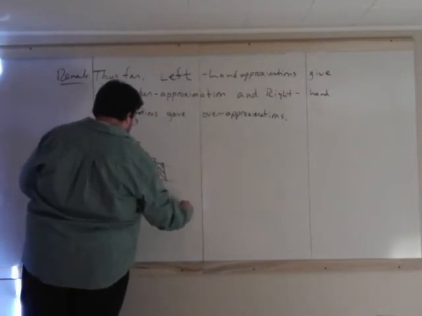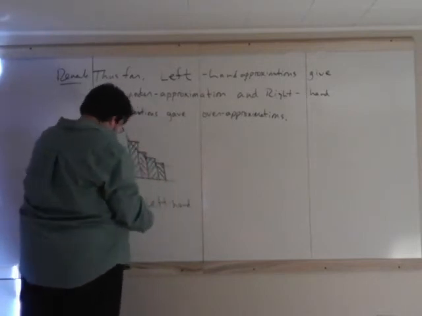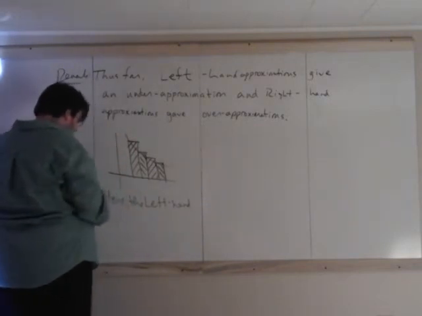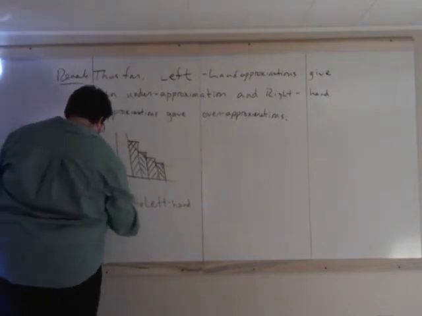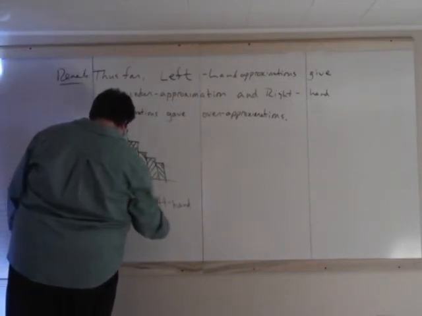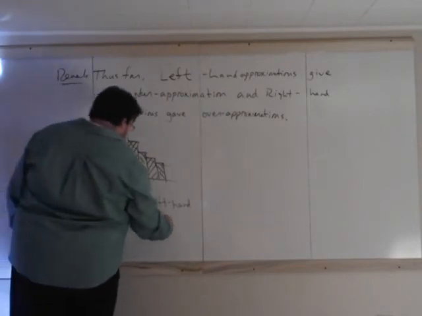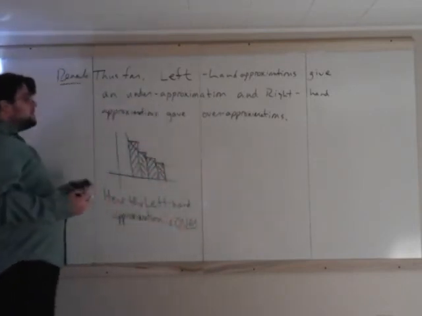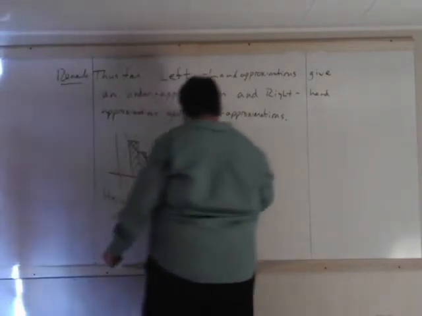So here, the left-hand approximation, I need an abbreviation for a left-hand approximation. LHA. Here, the left-hand approximation is an over approximation, and in this case, the right-hand approximation would be an under approximation.